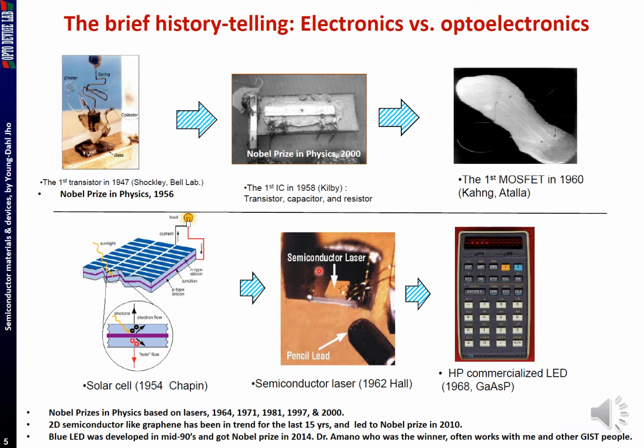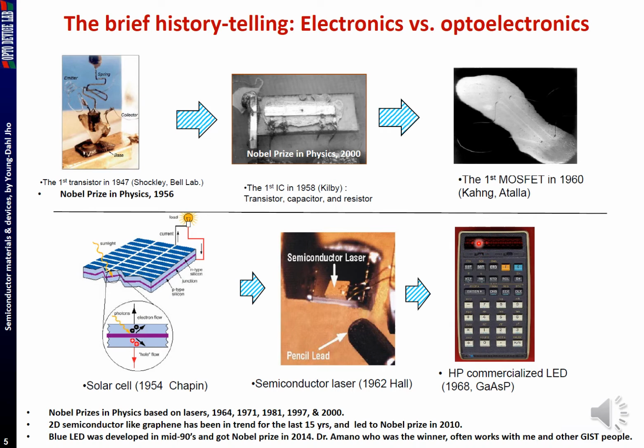I mean, before the semiconductor laser, there comes the semiconductor LED, light emitting diode. The light emitting diode was commercialized in the 1960s based on gallium arsenide phosphide. You can see in this calculator the red color display.